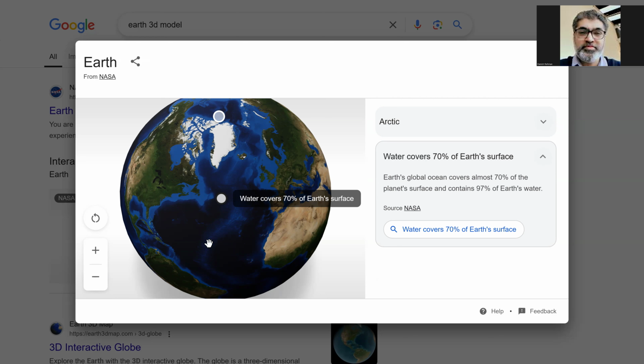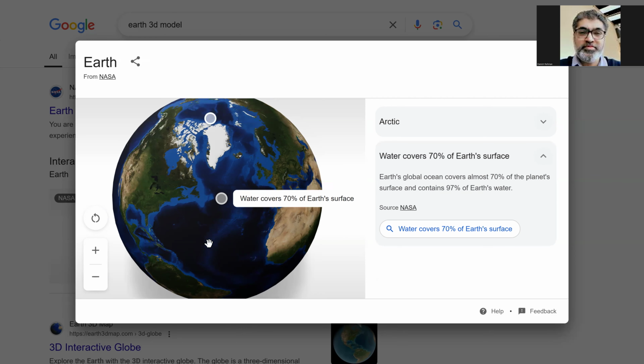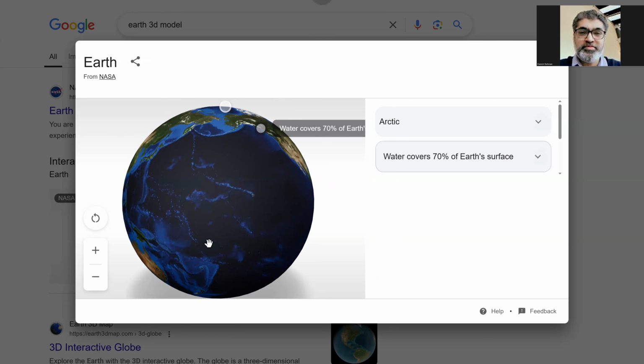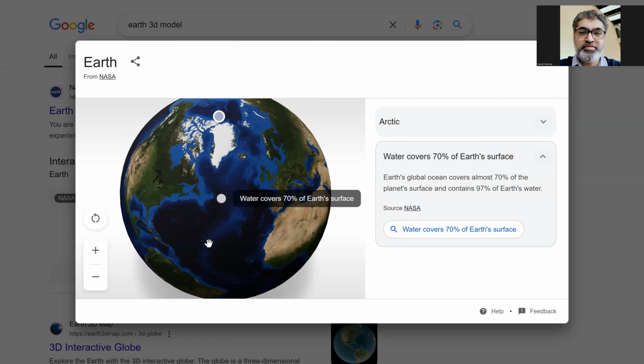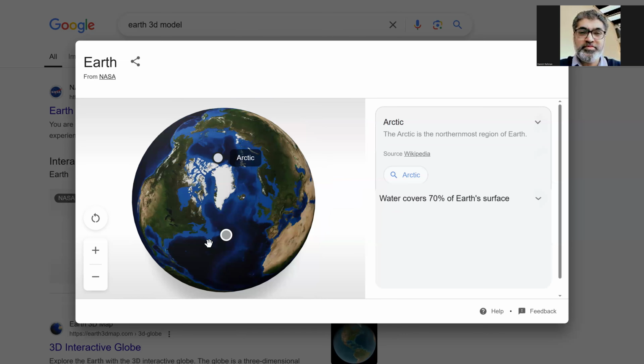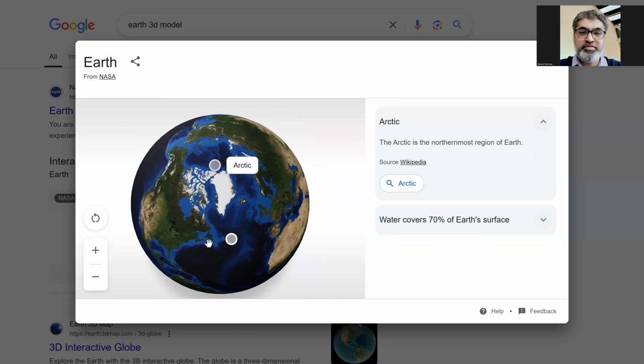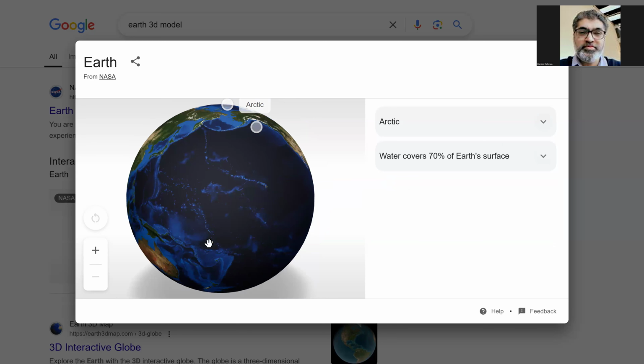And if I go to the other side, I know that I can move these points also. This is the Arctic. No, Australia is on the south side. Oh, it's the north side. Arctic Ocean. Yes, this is the North Pole. The South Pole is down there.